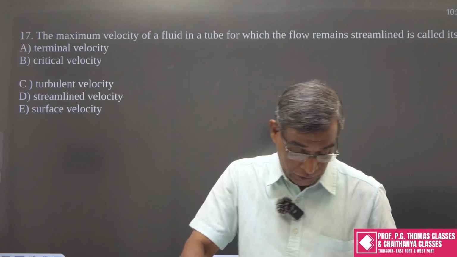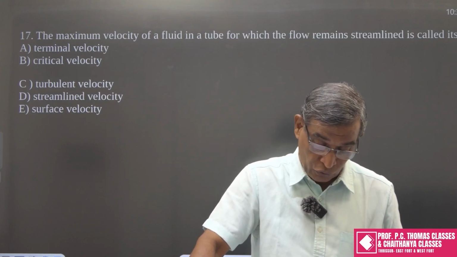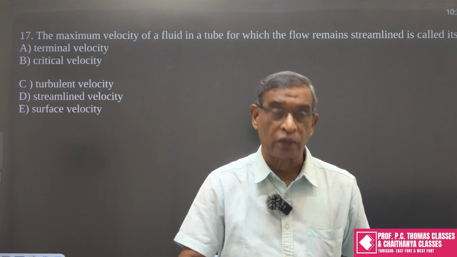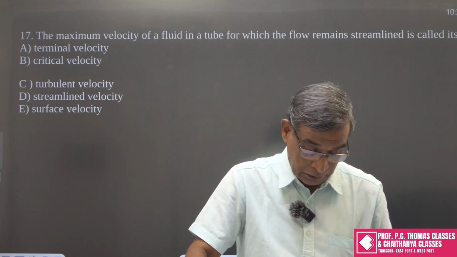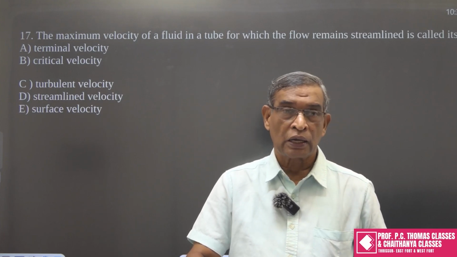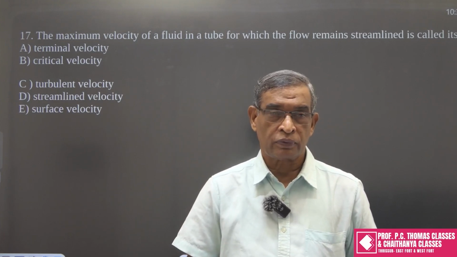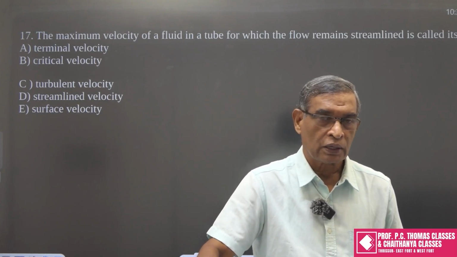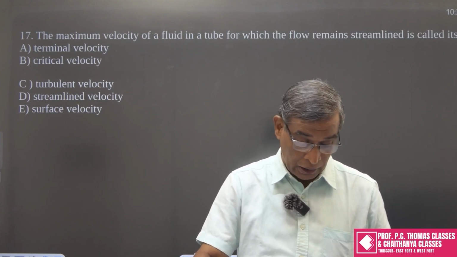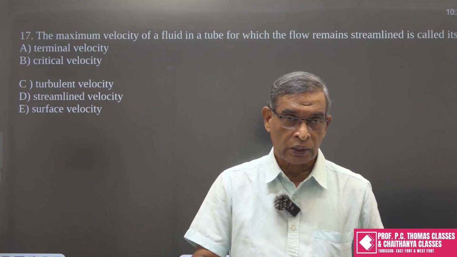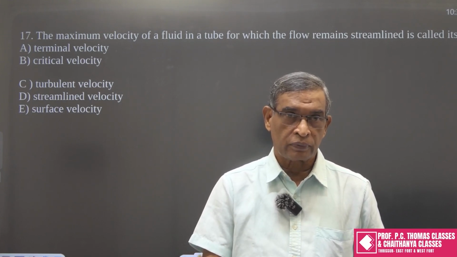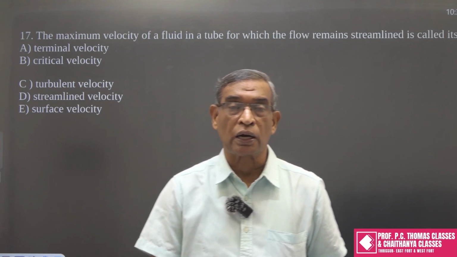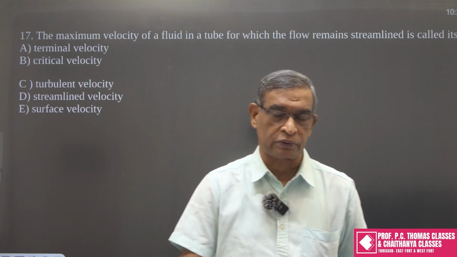The maximum velocity of fluid in a tube for which the flow remains streamlined is called what? When the velocity of flow increases, the fluid will maintain streamline flow up to a particular speed. That is what is called the critical velocity, below which it will undergo streamline motion, and above which it will undergo turbulent motion.